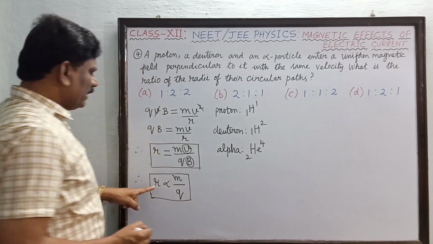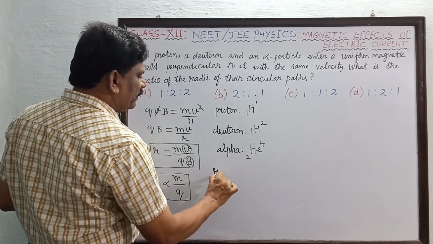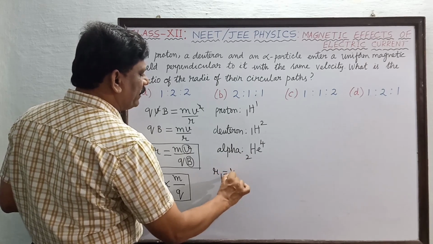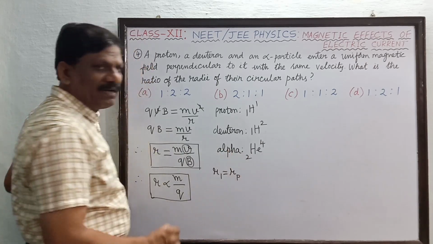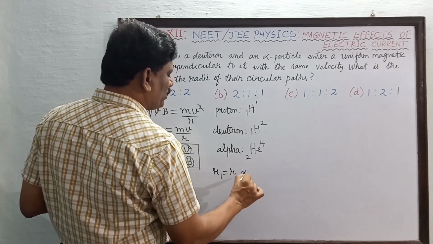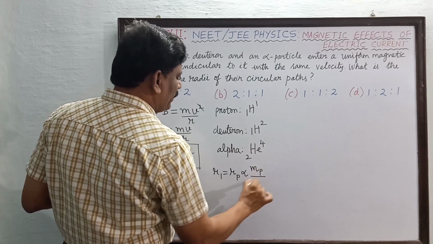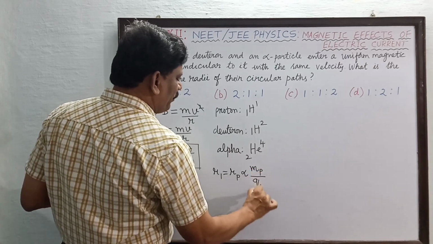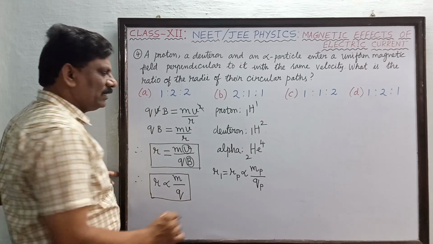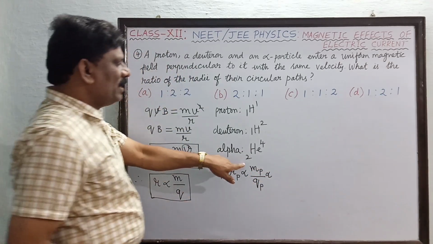Now the radius. I will take R1 as the radius of the circular orbit of the proton, Rp. So Rp is proportional to the mass of the proton divided by the charge of the proton.